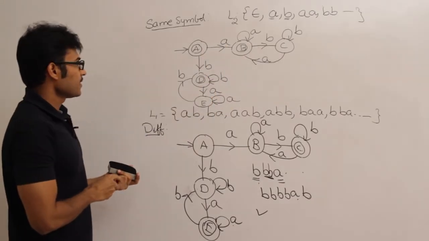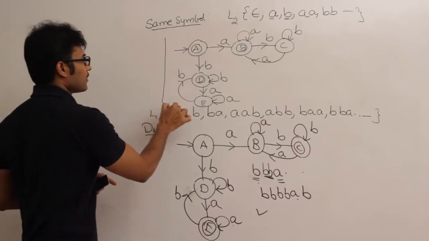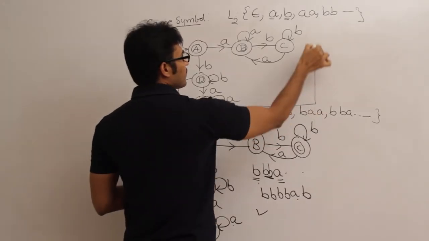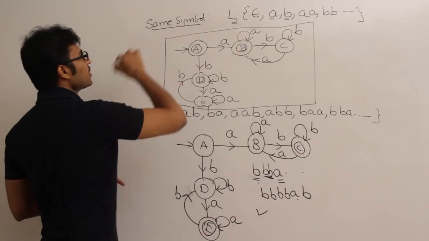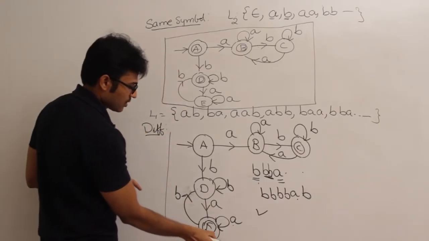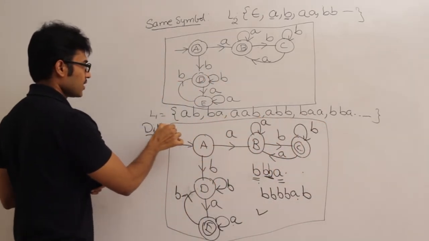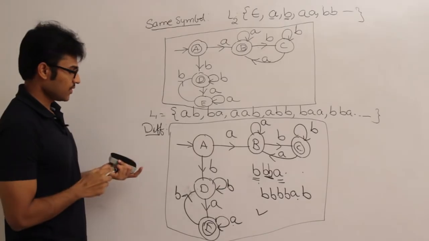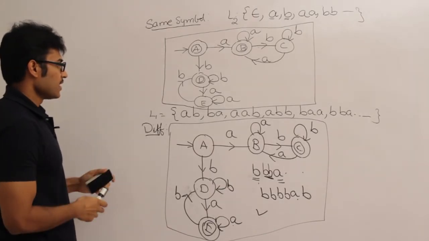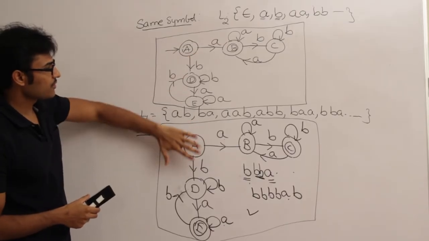Therefore it is starting with B, ending with B, starting with A, ending with A. Now you just compare this finite automata with this one. The DFA which accepts the set of all strings over A comma B, where each string is starting with the same symbol, with the DFA which accepts the set of all strings over A comma B, where each string is going to start and end with different symbols. If you see this, both have exactly the same transitions and the same number of states.